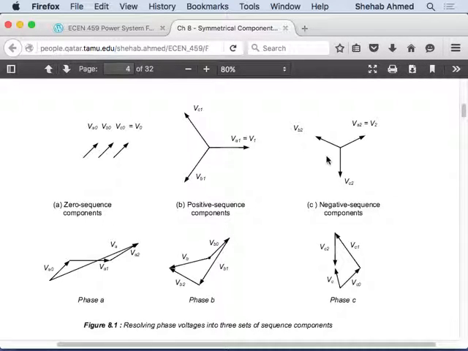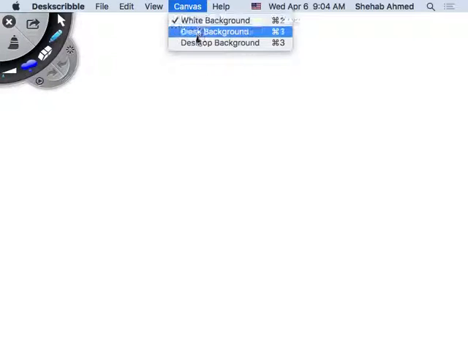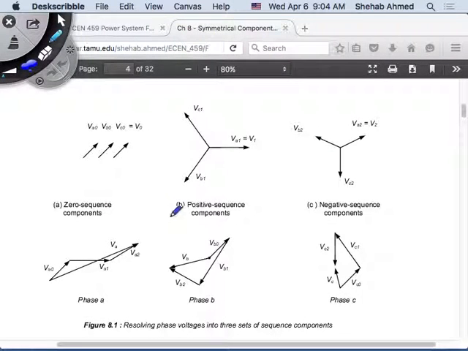These are my 3 sequence components for phase A. What does the voltage of phase A look like? It's the sum of the positive sequence component, the negative sequence component, and the zero sequence component of phase A. What does phase B look like? The sum of the 3 sequence components of phase B. What does phase C look like? The sum of its sequence components, right?